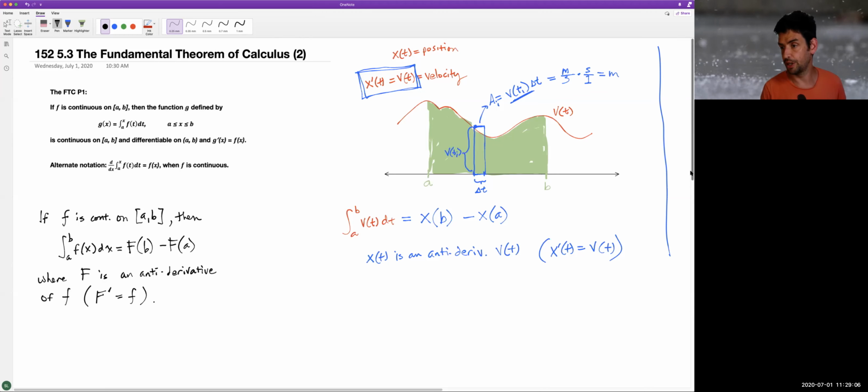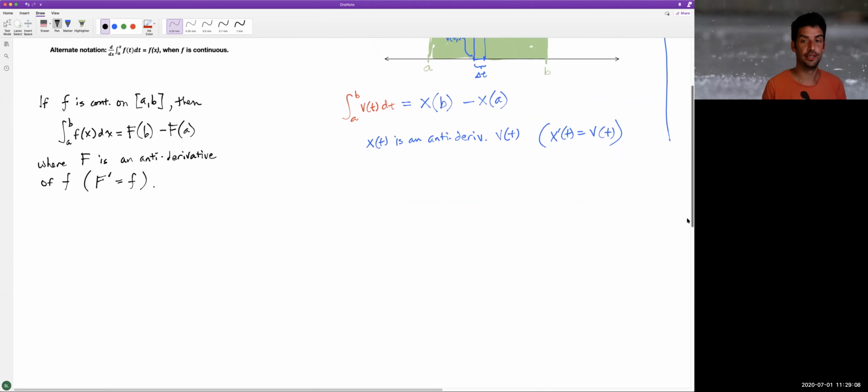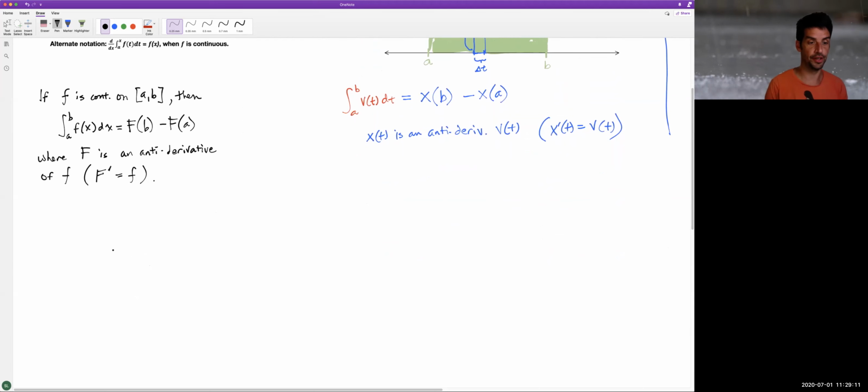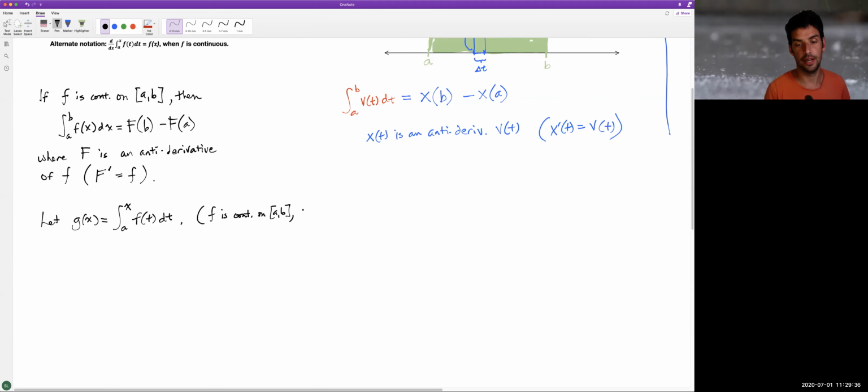Okay, let's give a sketch of the proof of this. We're going to use the first part of the fundamental theorem of calculus to prove this. So let g of x equal the integral from a to x of f of t dt, where f is continuous on [a, b] and x is between a and b.